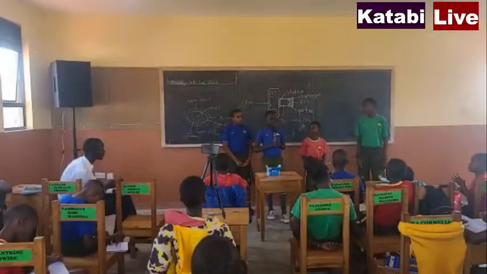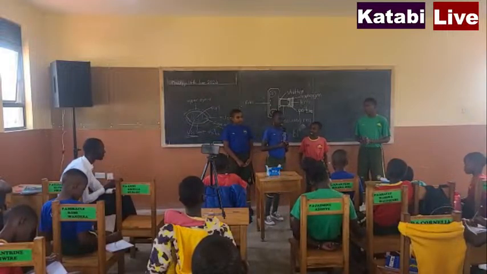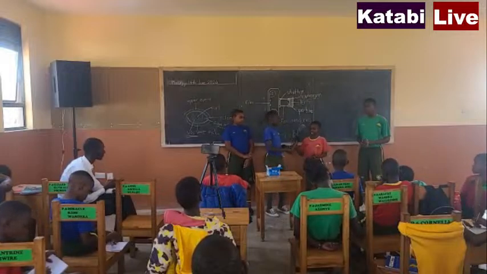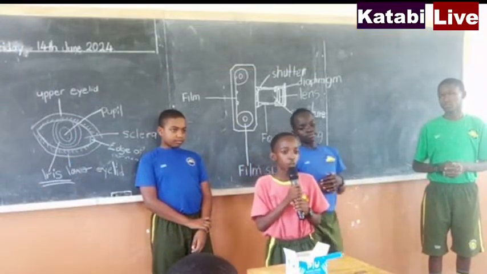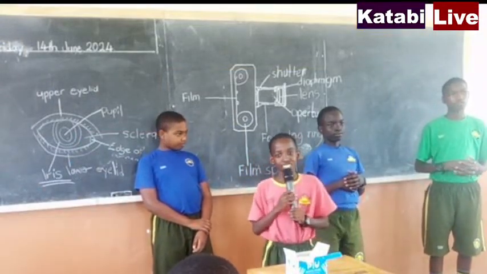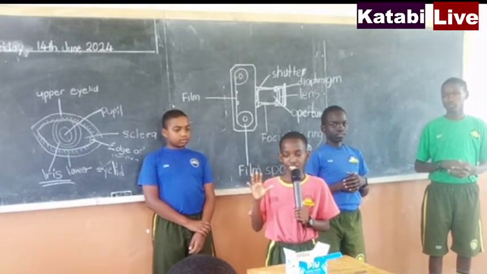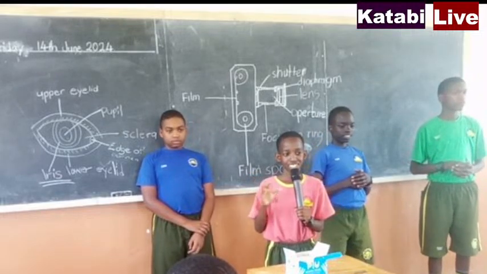So, as I said, let's start by long-sightedness. Long-sightedness is the condition when a person can see distant objects but cannot see nearby objects. Yes? Have you heard?